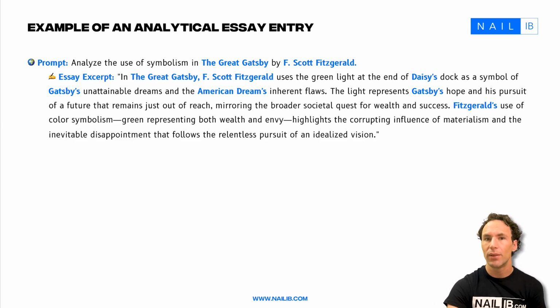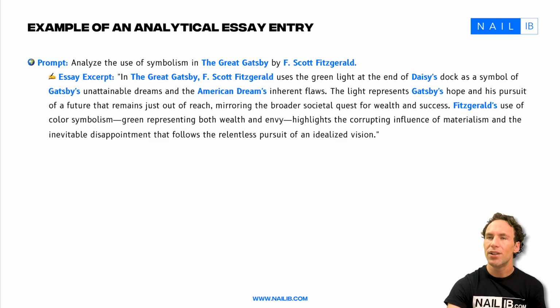The green light, as we saw, symbolizes Gatsby's hope and his pursuit of a future that remains just out of reach. This personal quest mirrors the broader societal quest for wealth and success, and it illustrates Fitzgerald's critique of the American dream. The student's ability to connect Gatsby's personal dreams with the collective aspiration of society really demonstrates a sophisticated understanding of the text's thematic depth.